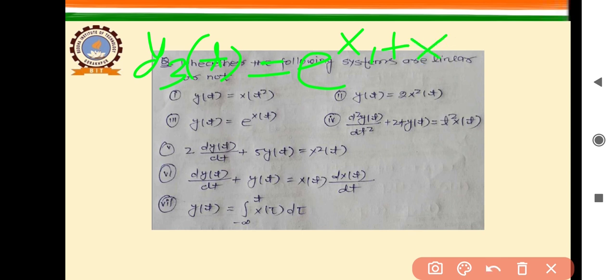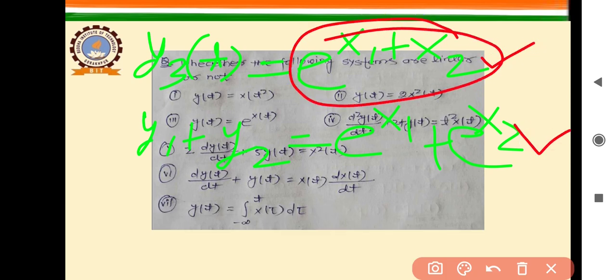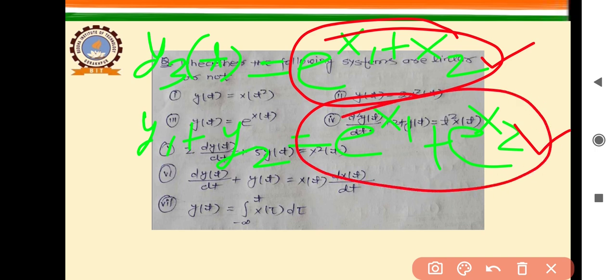The previous result was e power x1 plus e power x2. It means that these two results are not same. This is e power (x1 plus x2), this is e power x1 plus e power x2.